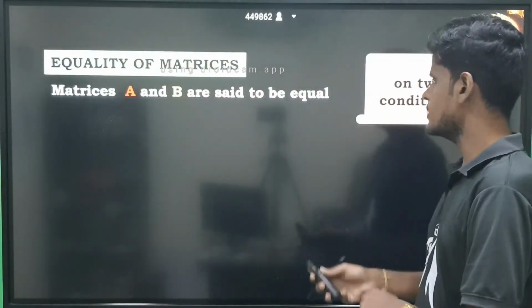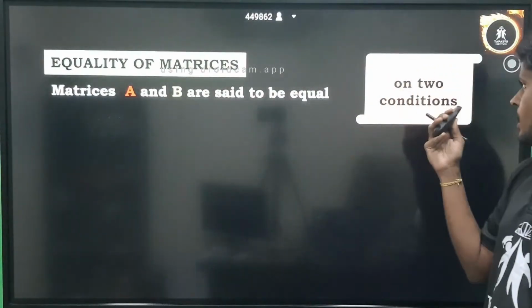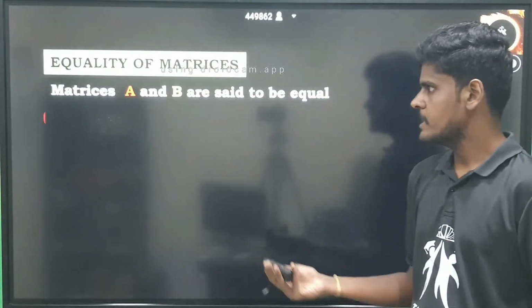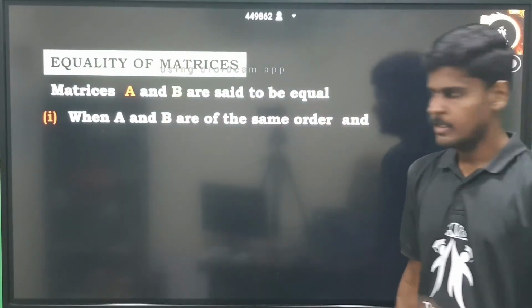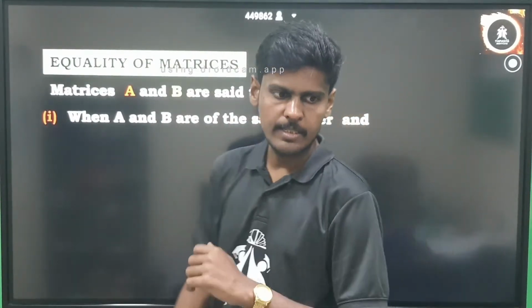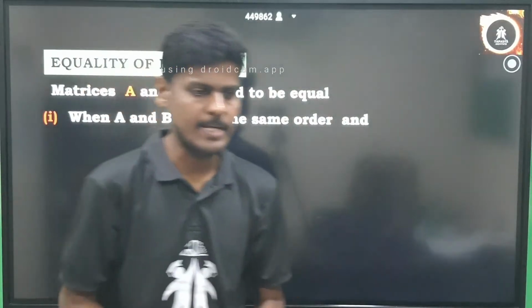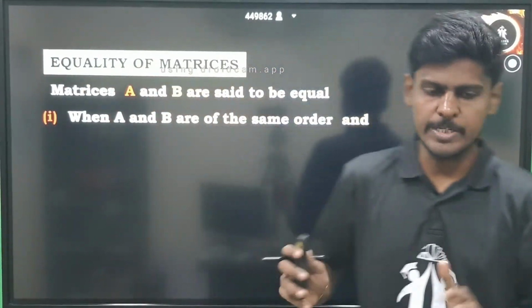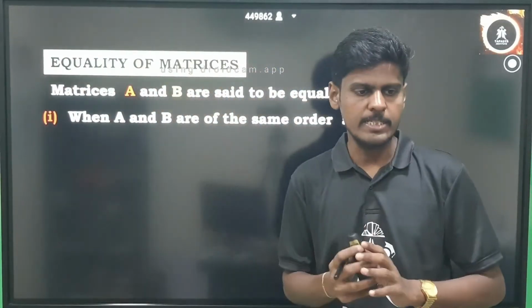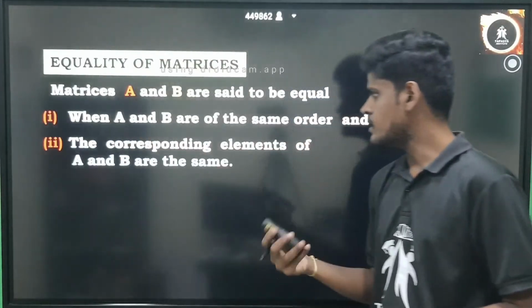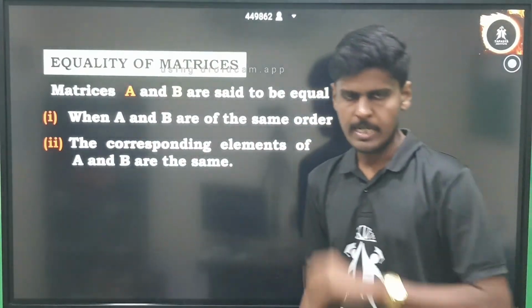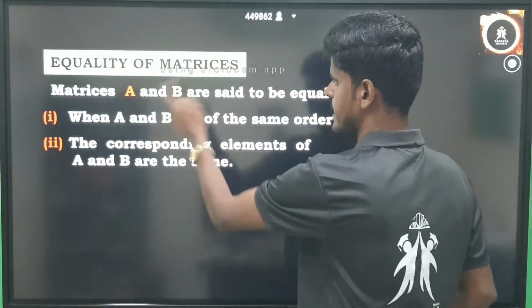Two matrices are exactly equal on two conditions. What are the conditions, students? One is that both matrices should have the same order. If two matrices have different orders, then there is no comparison between the matrices. We just need to ensure whether both matrices have the same order or not. The next condition is that the corresponding elements are all the same. That means suppose matrices A and B.